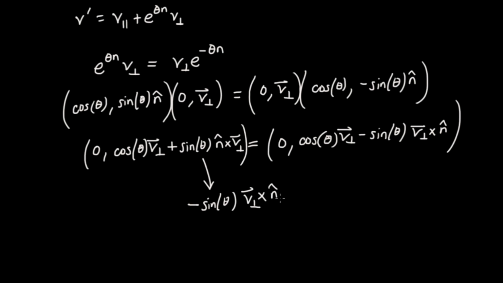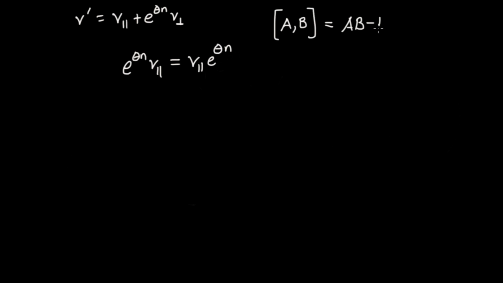And as you can see, once I make that observation, that this is equal to this, then I get equality between left and right hand sides. So I have the proof that e to the theta n times v perp is equal to v perp times e to the minus theta n. So that's the first fact that I wanted to prove.